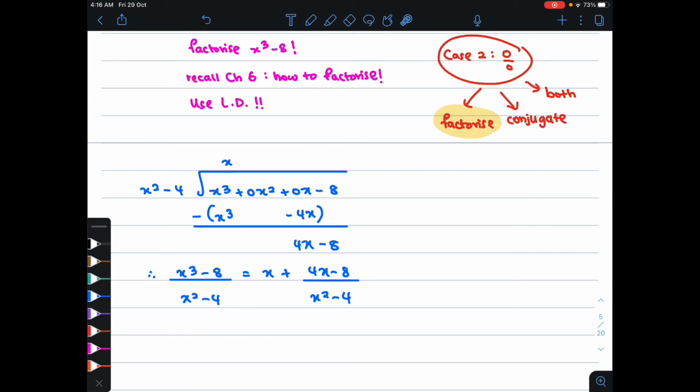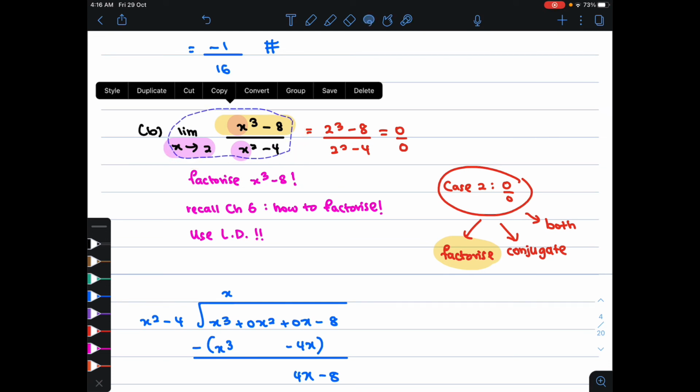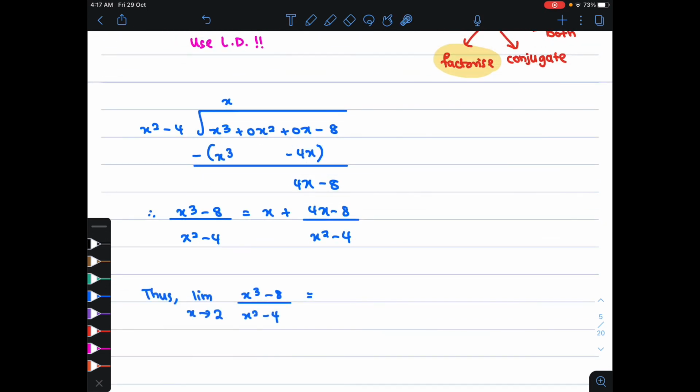Now we can see that x cubed minus 8 divided by x squared minus 4 is this equation. This is our original limit, but now we can substitute x cubed minus 8 over x squared minus 4 with this expression.